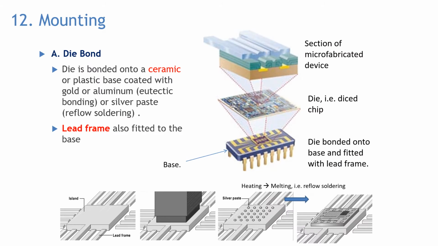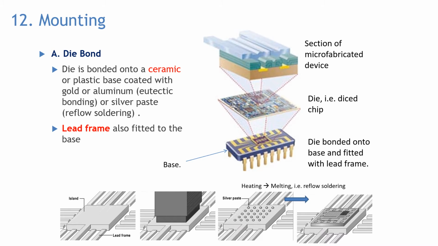After the wafer is diced, the most important thing for us is to do the mounting. Because of the small size of the die, we have to protect the die, and also we have to make it easier for us to attach it to the circuit, like the motherboard. To do mounting, for example, the first one is the die bond process.